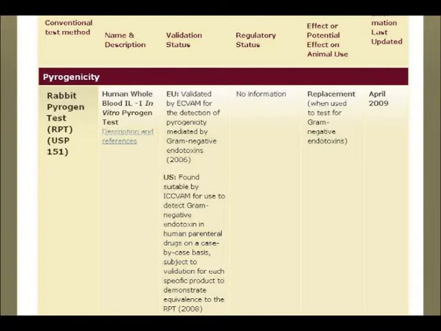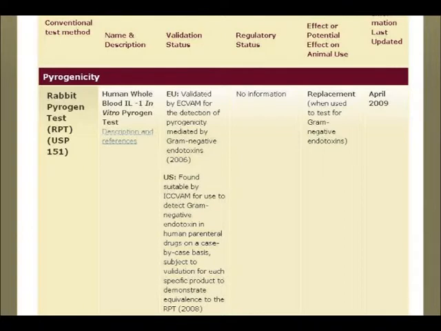If you look under US, the US found the test suitable by the Interagency Coordinating Centre for the Validation of Alternative Methods for use to detect gram-negative endotoxin in human parenteral, which means drugs that you inject into the body rather than taking them orally, drugs on a case-by-case basis, subject to validation for each specific product to demonstrate equivalence to the RPT, which is the rabbit pyrogen test.